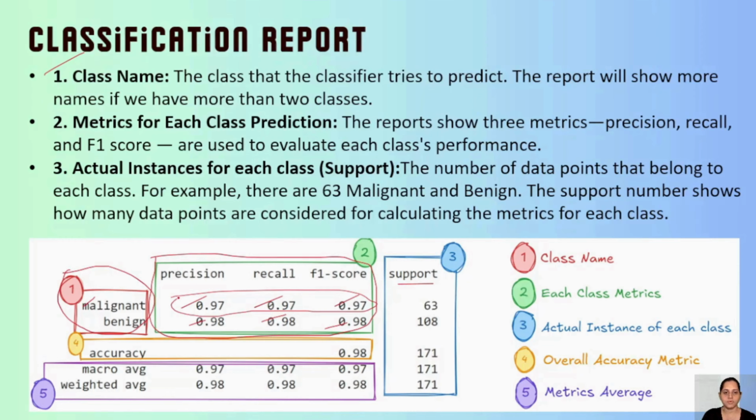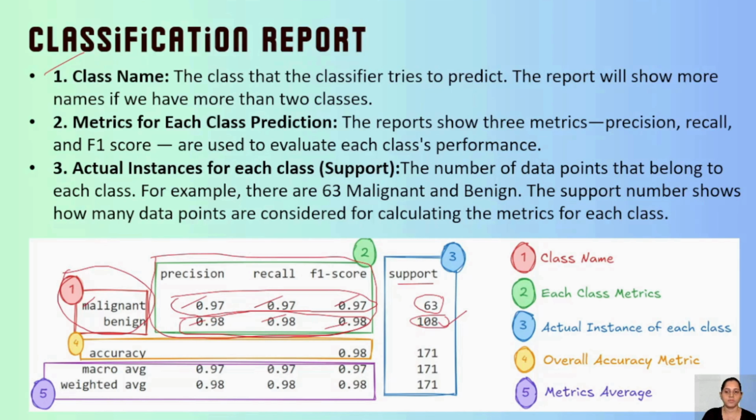To calculate this score for malignant, 63 data points have been used. These are the support points in the classification report. Similarly, for calculating the benign scores, the model has used 108 data points.